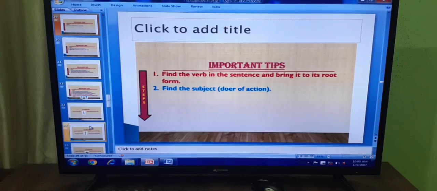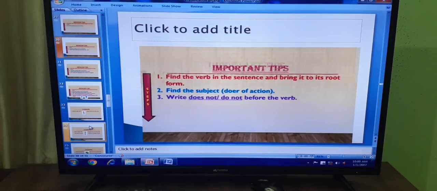Find the subject, whether it is singular or plural. The third step is write does not or do not before the verb.